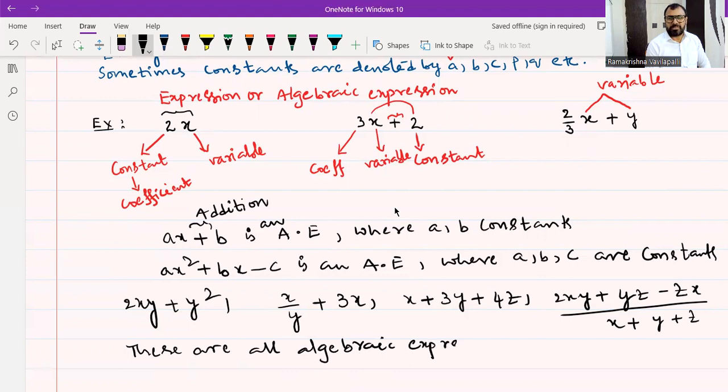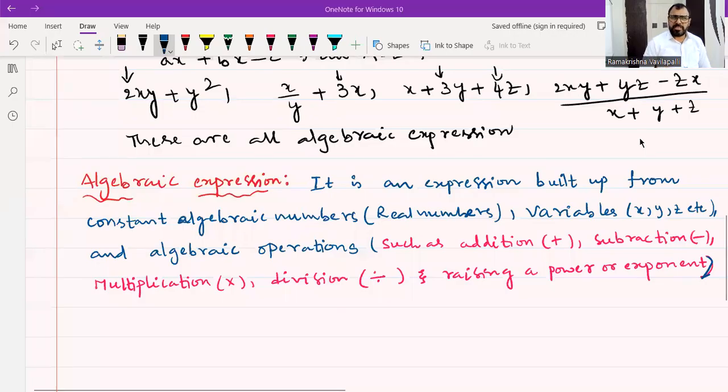Here x, y, z are all variables, and the remaining numbers, 2, 3, or whatever we have, are constants. Well, we have seen that an algebraic expression is an expression built up from constants, generally real numbers, and variables x, y, z, etc., and algebraic operations such as addition, subtraction, multiplication, division, and raising a power.